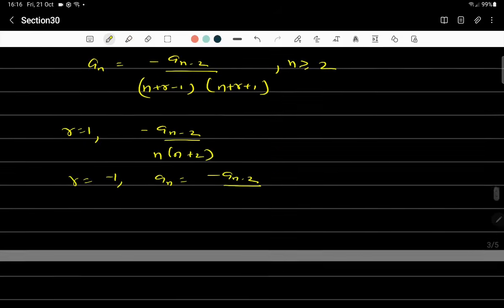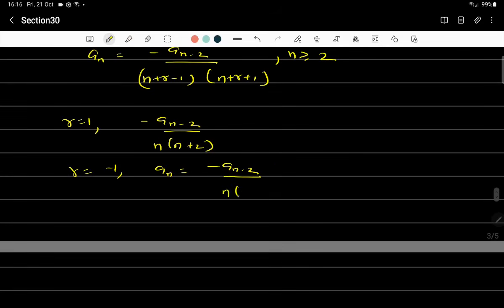Now let's get the general term. So if you equate the coefficient of x raised to the power n plus r and simplify it, you will get an is equal to minus a(n minus 2) by (n plus r minus 1)(n plus r plus 1), n is greater than or equal to 2.